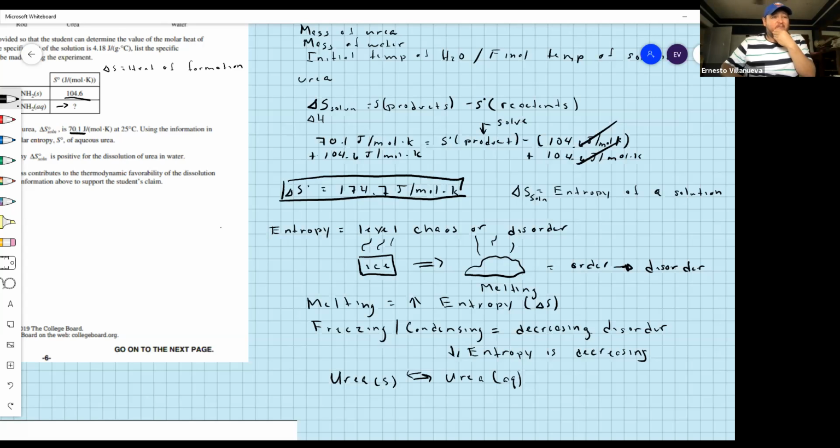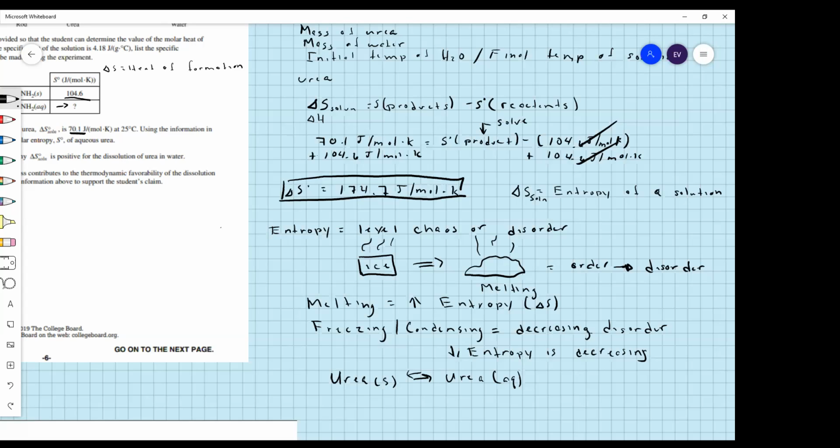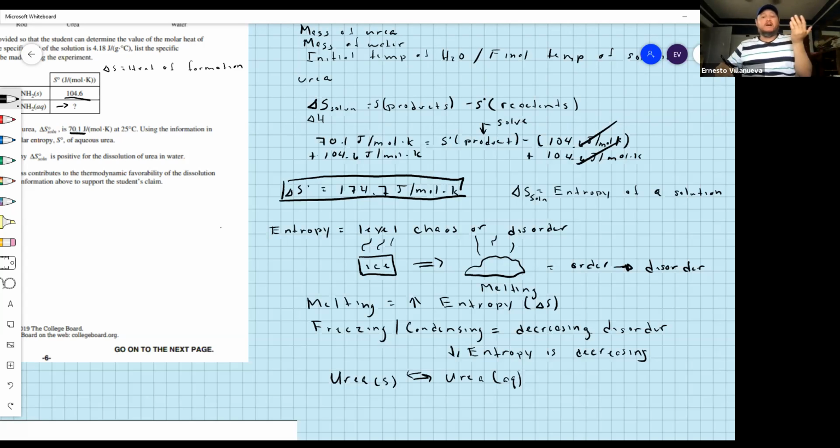Say it again. Increase. Yes, we're increasing the amount of entropy, right? So when you're going from a solid urea to an aqueous solution where you're increasing the amount of disorder, we're increasing the amount of entropy. So here we have an increase in entropy of the solution. And if you correspond here, we can see that entropy is positive.